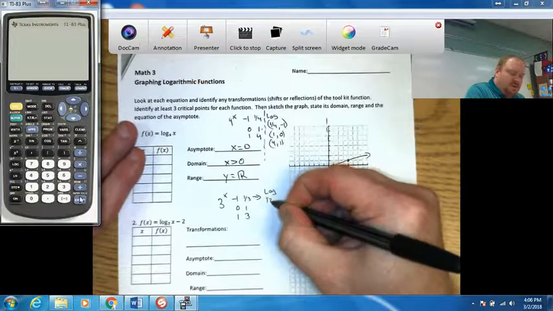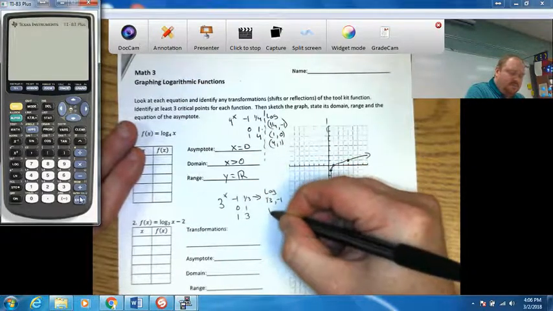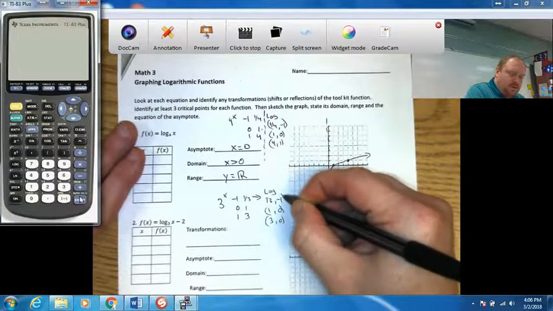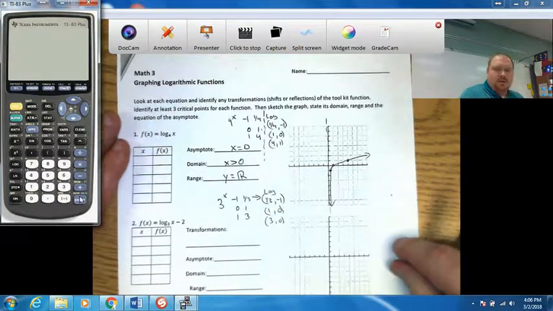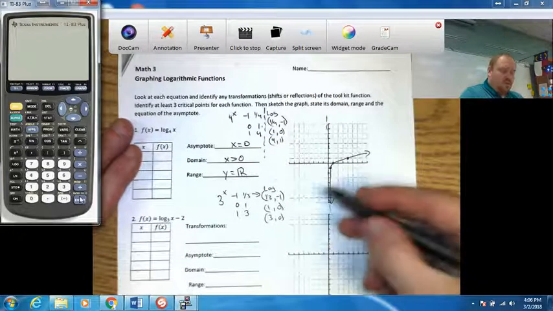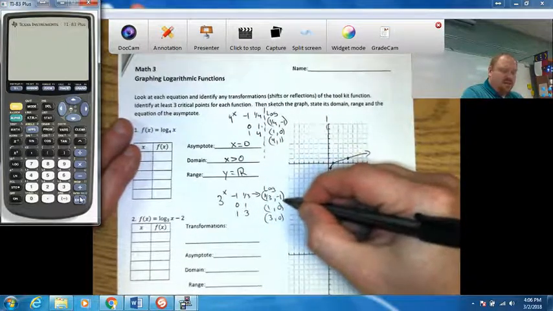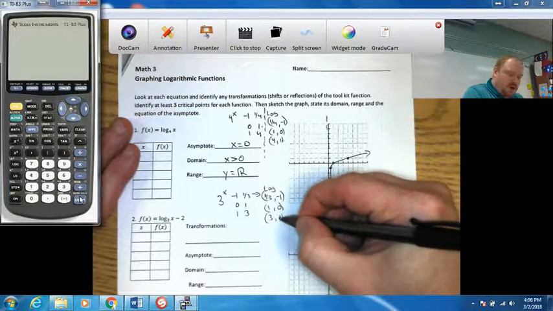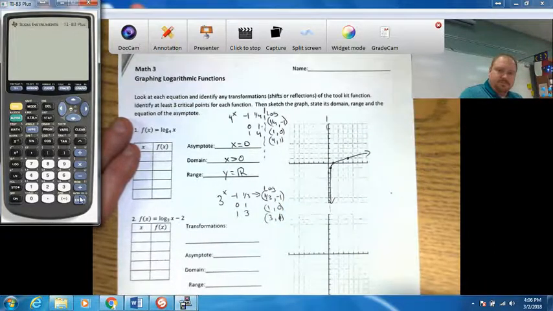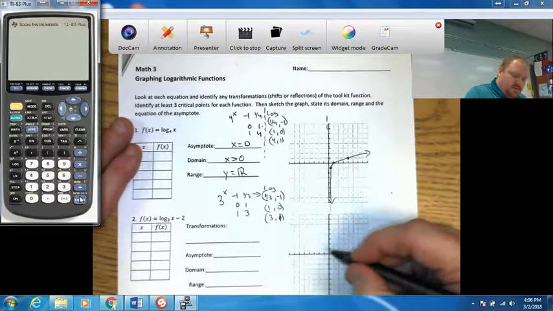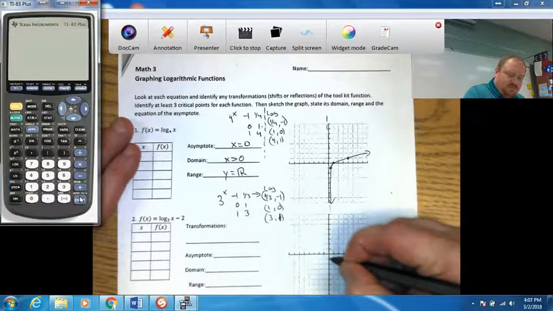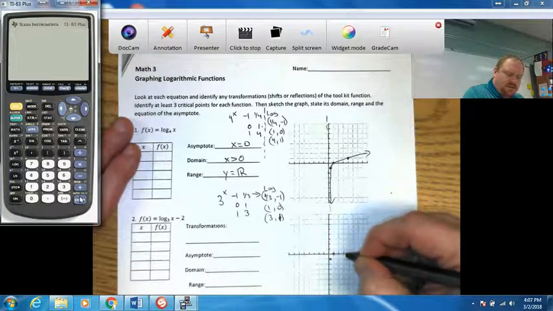So I flip them. And those are the new points: (1/3, -1), (1, 0), and (3, 1). So 1/3, so it's over just a little bit, and then down 1, (1, 0), and (3, 1).